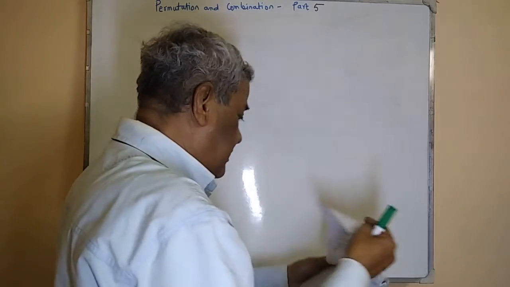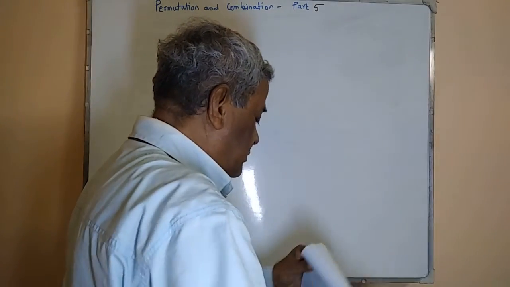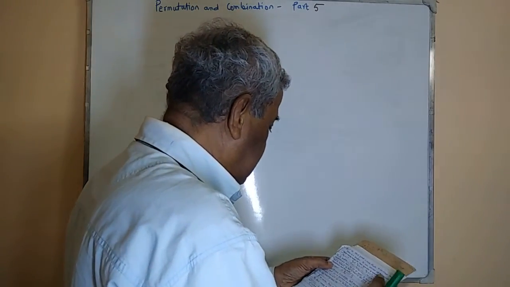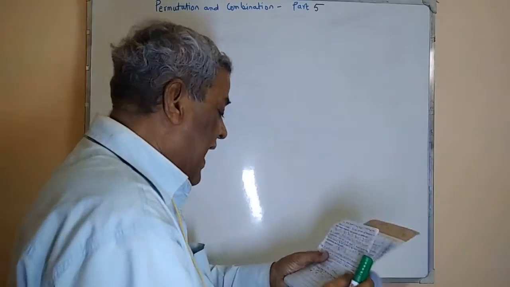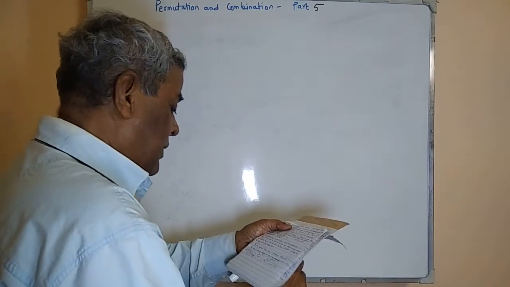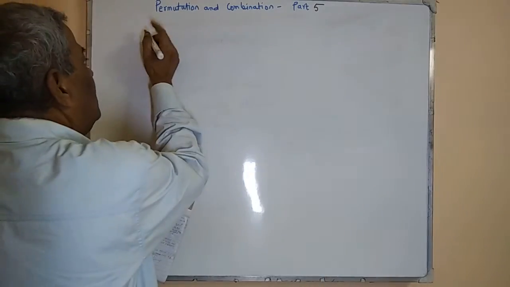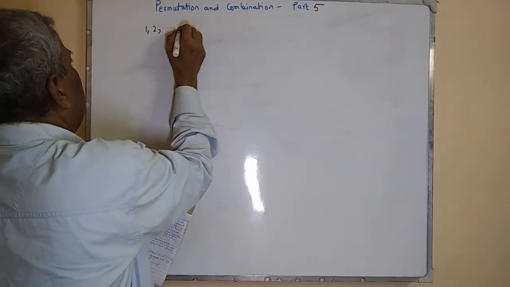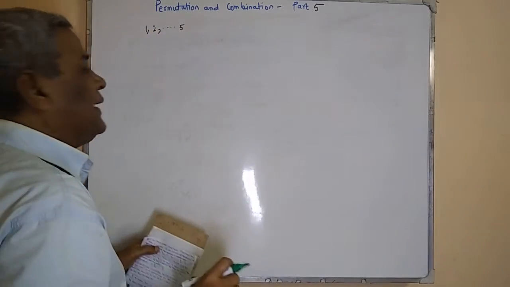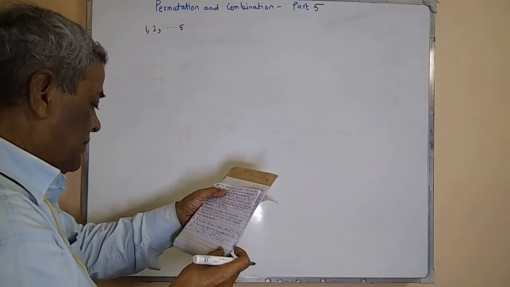Next problem is: five cards and five envelopes, both numbered from 1 to 5. Five cards, their numbers are 1 to 5.